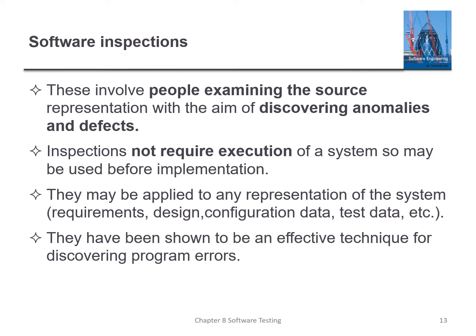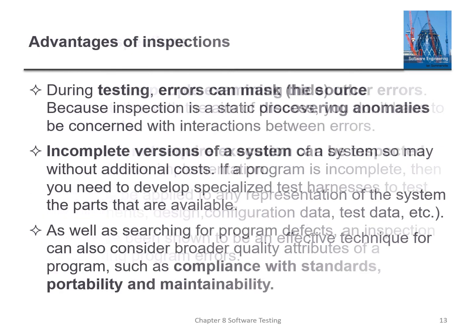Inspection does not require execution of the system. Even though the system is not ready, you can still do it. So it checks any source representation of the system: any design document, any configuration document, and also test data. And it is actually quite effective in discovering errors.